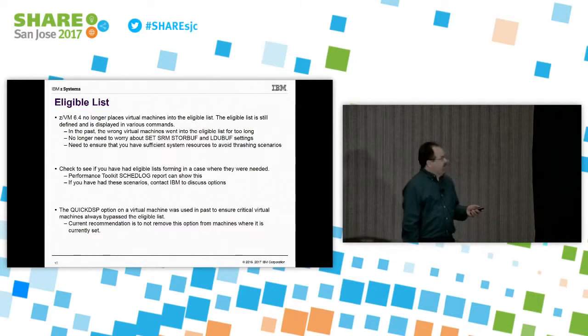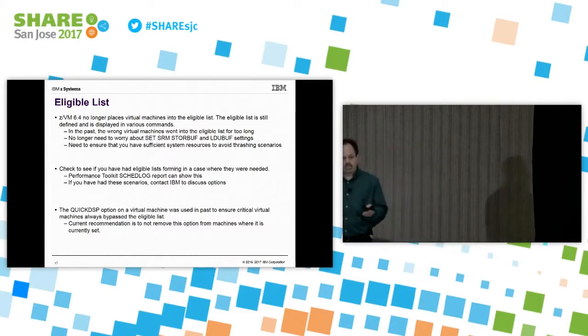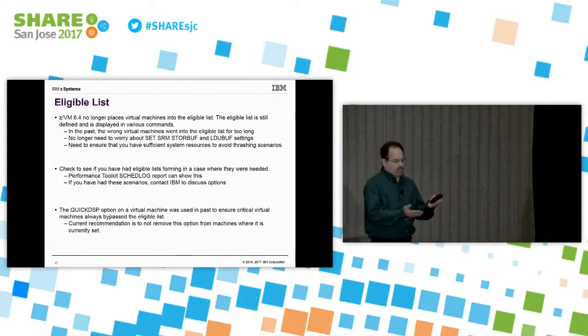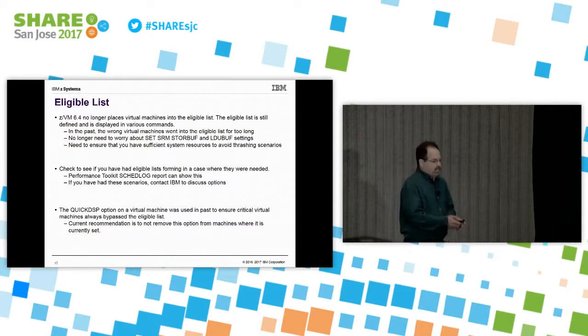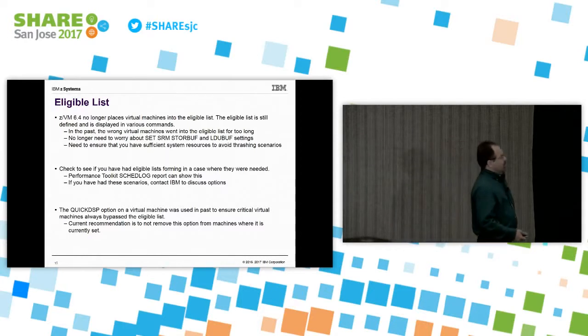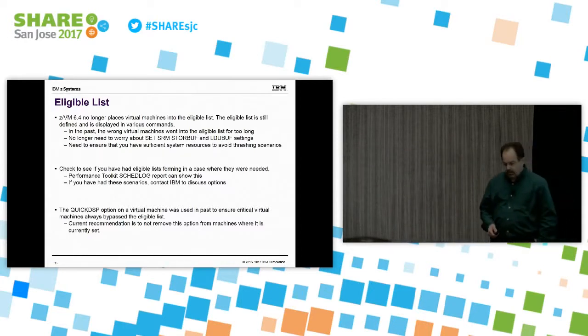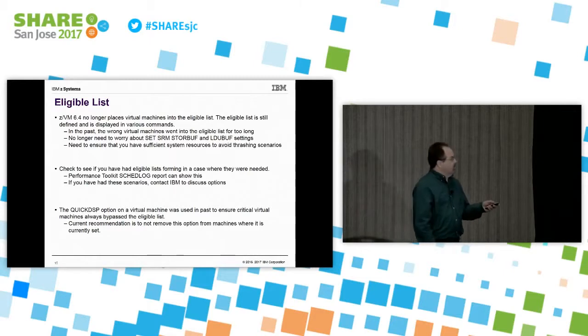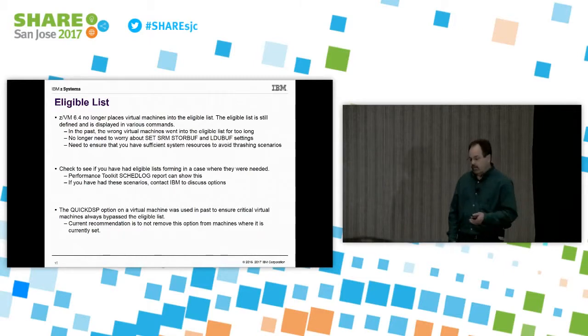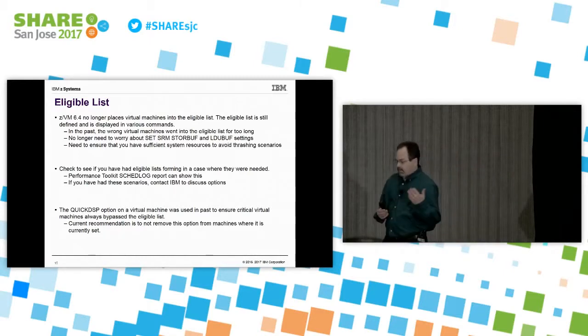And the other thing was, very few, if any, systems anymore were actually forming the eligible list. We're finding that the eligible list really wasn't needed anymore in most cases. So one thing you might want to do is check on your current system to see if you are forming an eligible list, which you can get from Performance Toolkit.